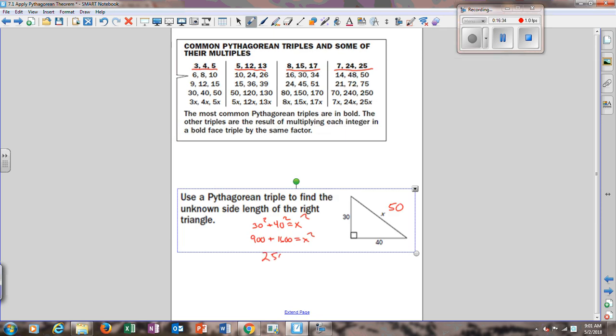That gives you 2,500 equals x squared. You take the square root of both sides. Gives you x equals 50. Still come up with the right answer. It's just a lot more work than just knowing it. So do your best to try to memorize those, or write them in your notebook at the very least.